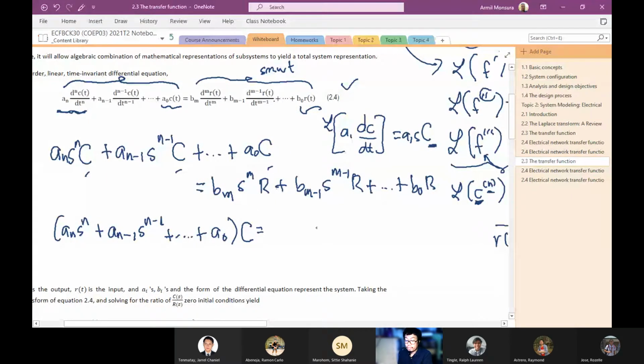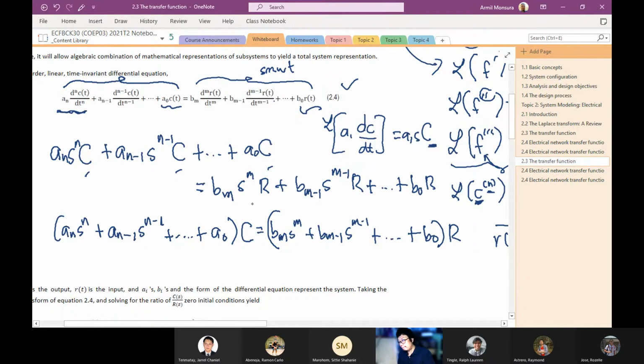Kaya lang, all the terms naman contain R. So, if I actually factor that function R out of this, we will have b sub m s raised to m plus b sub m minus 1 times s raised to m minus 1 until the last term, which is b sub 0. And that should give you R as the common factor for all of these terms.